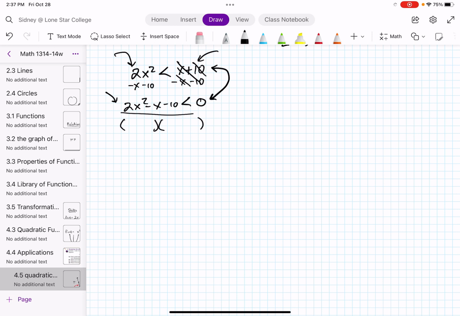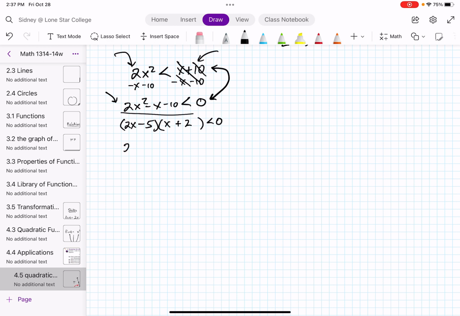If we go to factor this, I have 2x and, let's see, I need numbers that are going to give me... so I need x plus 2, there we go. I think it's x plus 2 and then 2x minus 5. Yeah, that checks out. Is less than 0.